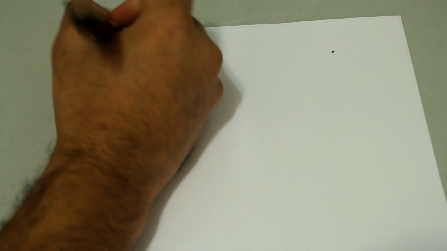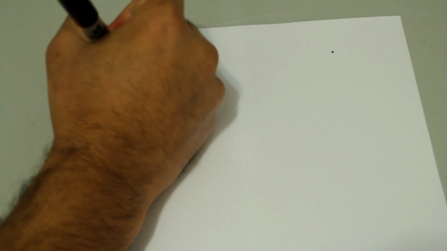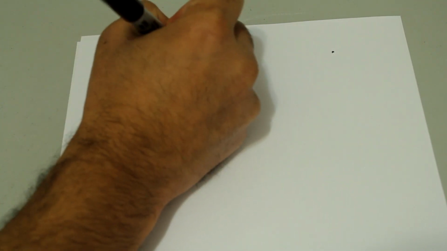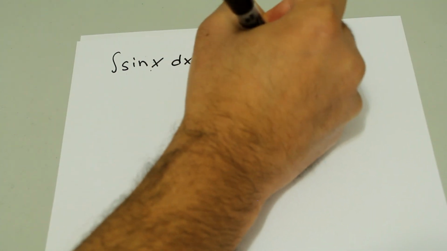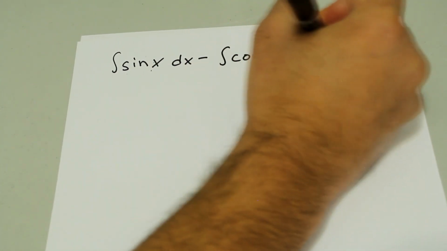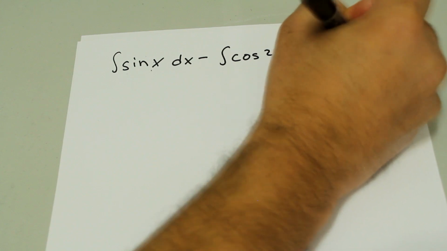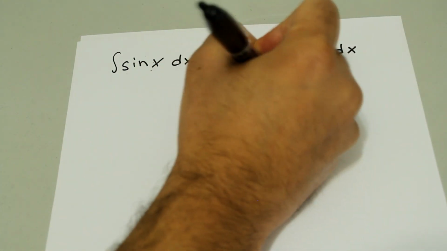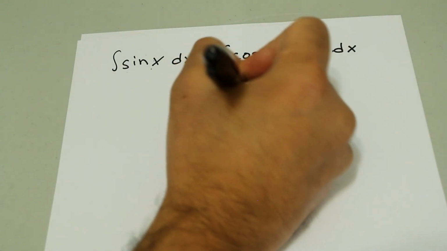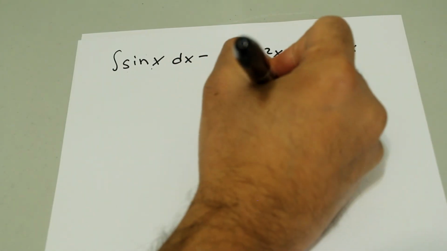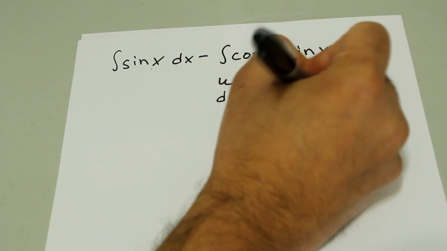So our problem was integral of sine x dx minus integral of cosine squared x sine x dx, and we set our u equal to cosine of x and our du equal to negative sine x dx.